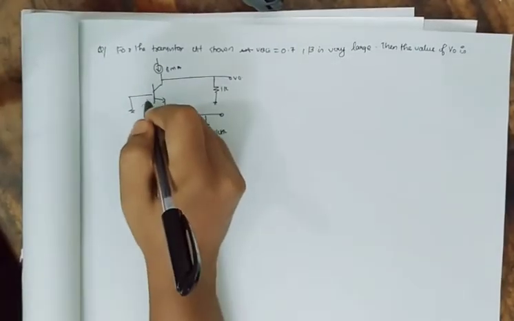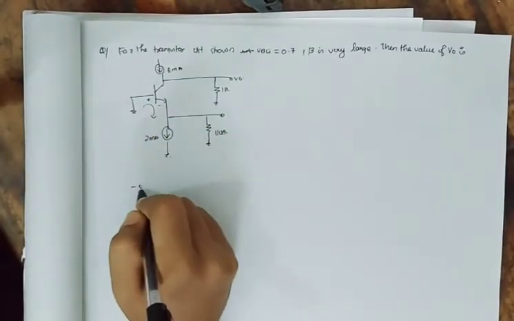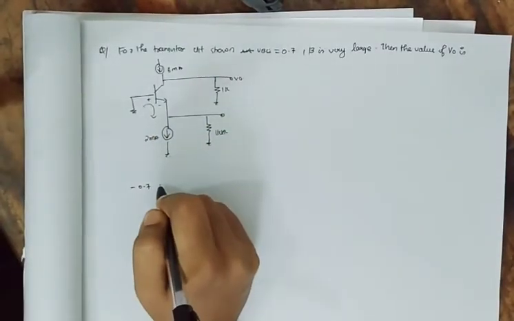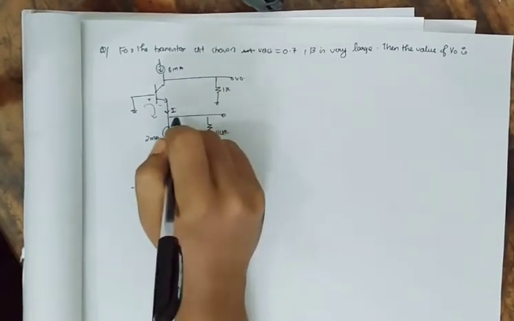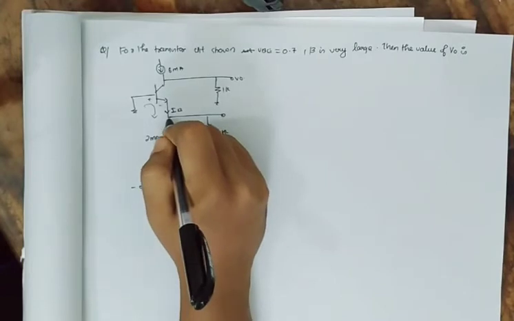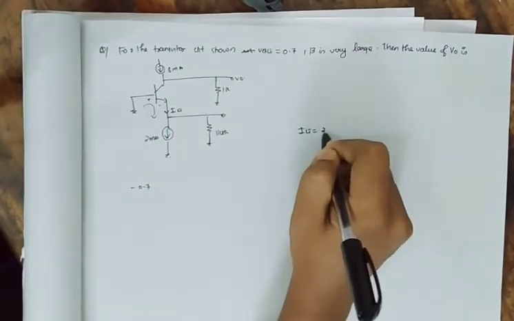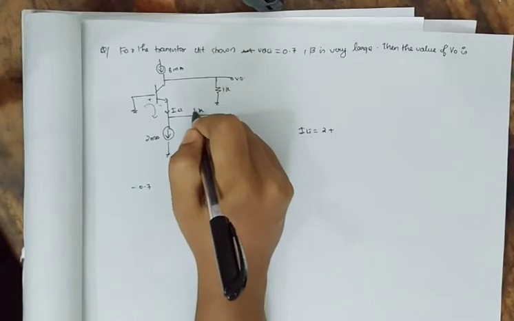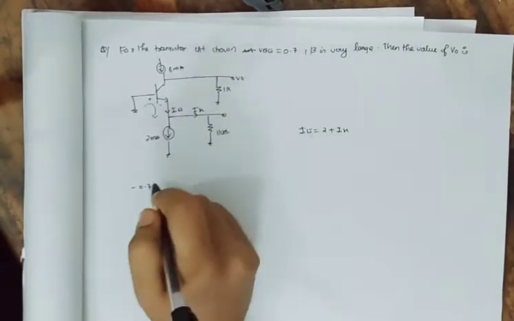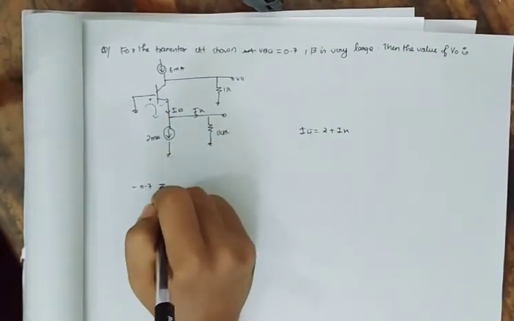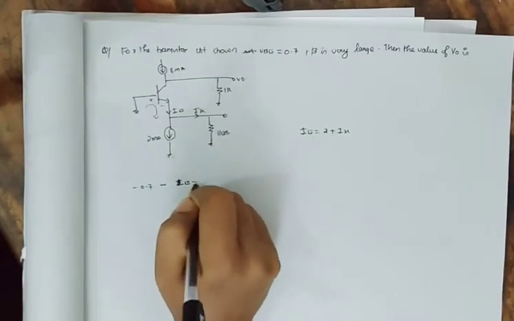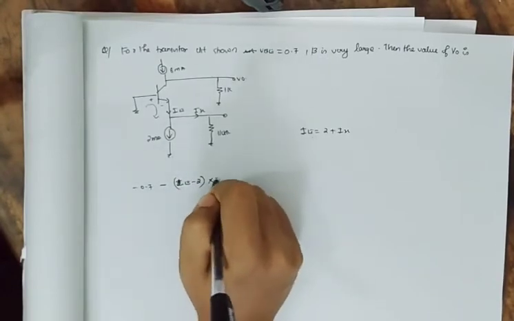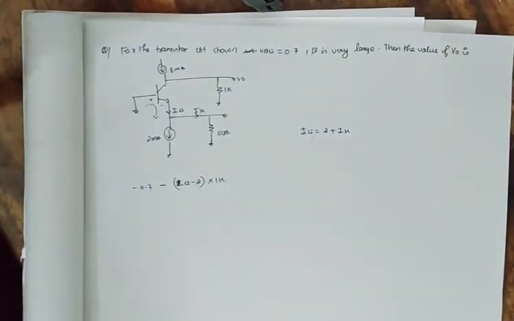That will be, this one is positive and this one is negative. Okay. Minus 0.7. This is, let this be IE. Okay. IE is being divided as 2 plus this IX. Okay. So minus 0.7 minus IE minus 2 into 1K equal to 0.